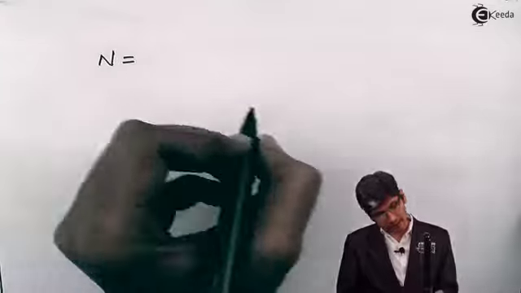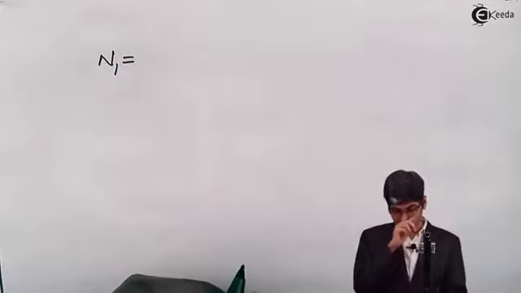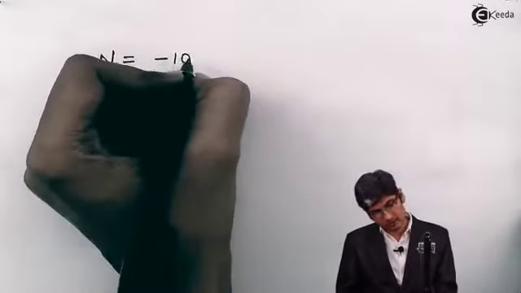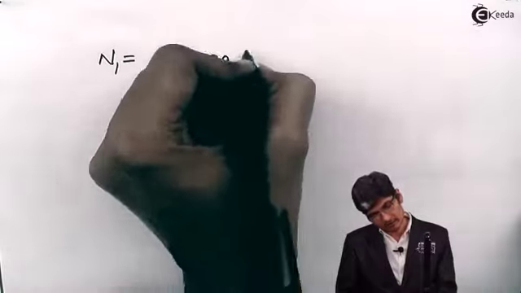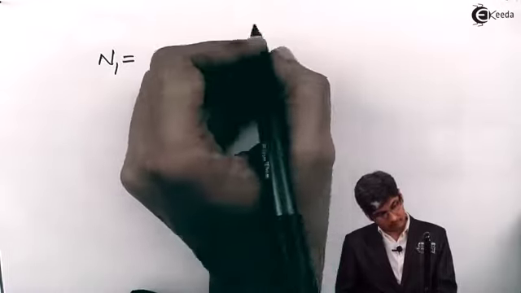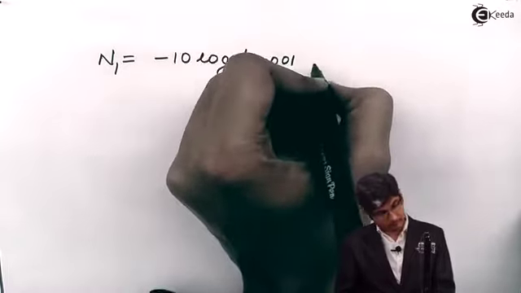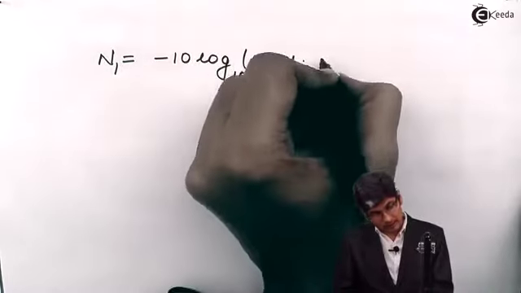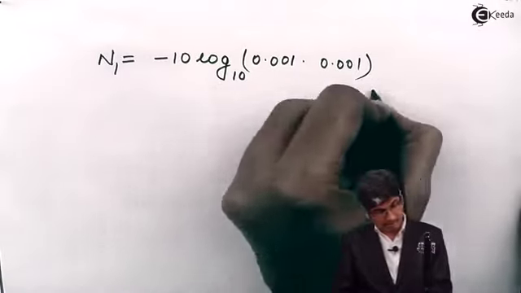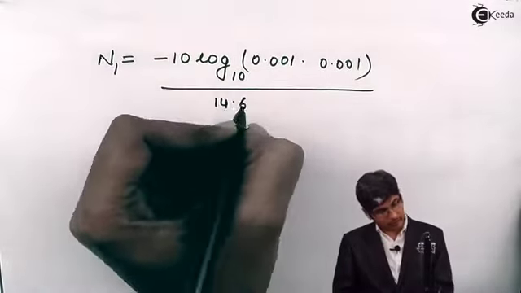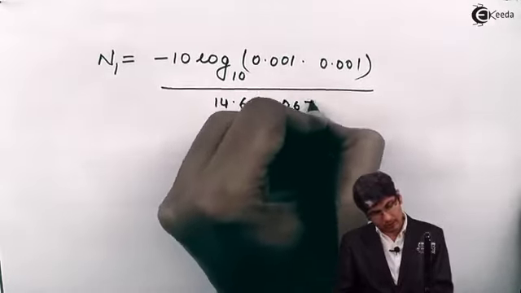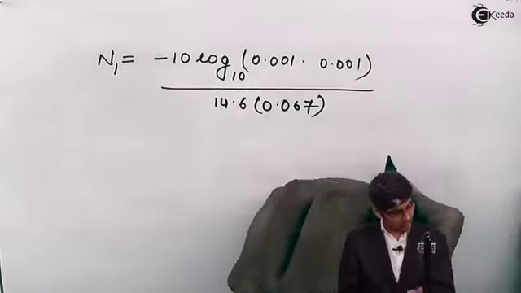So the order n at stage 1, n1, is minus 10 log to the base 10 of delta P1, which is 0.001, into delta S1, which is also 0.001, minus 13, divided by 14.6 delta F1, which is 0.067, plus 1.